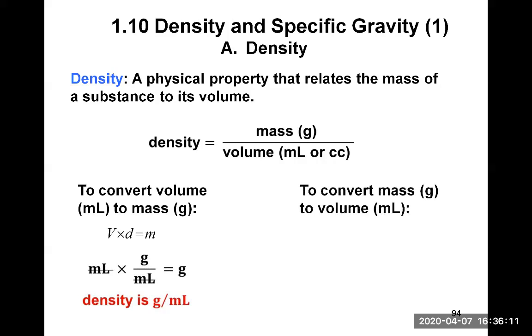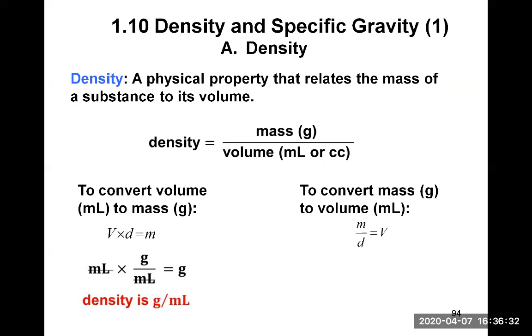If you're given a mass and you want to convert that to a volume, given the density of a substance, the formula of density equals mass over volume will become mass over density equals volume.